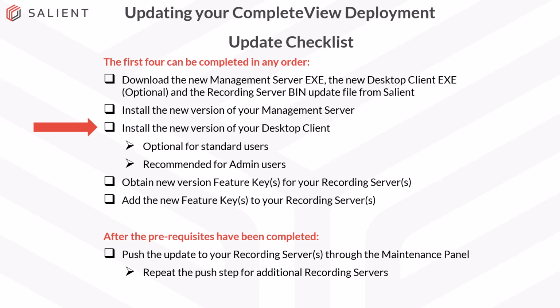This is an optional step for your regular users, but highly recommended for any admin user of CompleteView. Once that's complete, request feature keys for the new CompleteView version and add them to your recording servers. Then when those steps are done, all you have left is to push the recording server update through the maintenance panel. To get started on the process, we'll download our installation files and do a quick management server update.